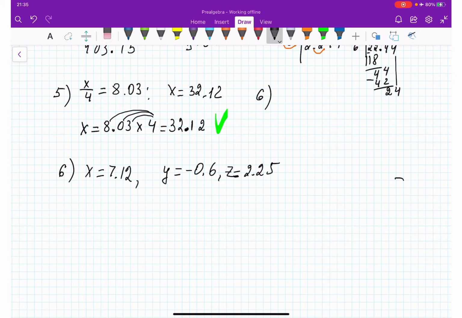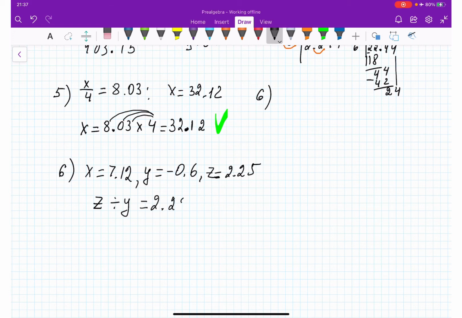Okay. Organizing. z divided by y, which means x is given just to confuse us, right? And from here we have 2.25 divided by negative 0.6. The answer is going to be negative.